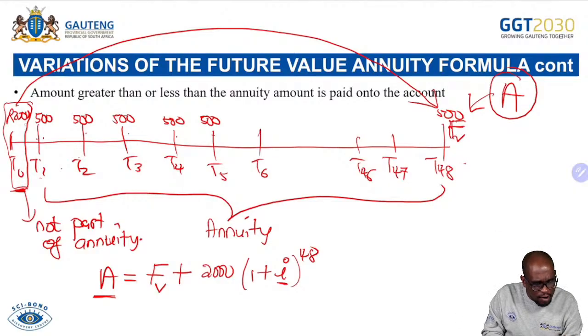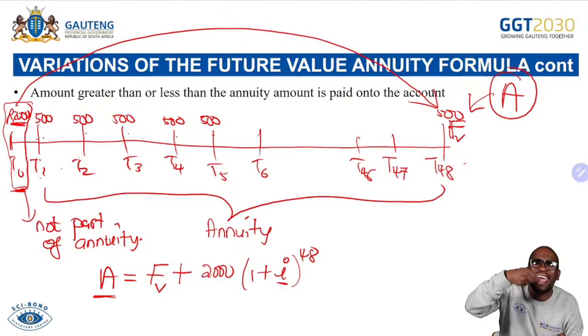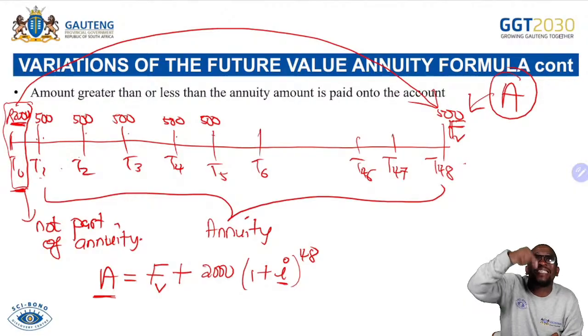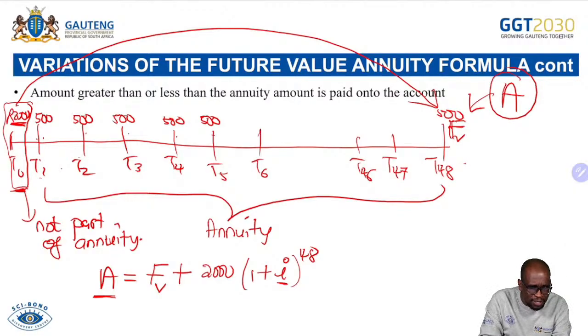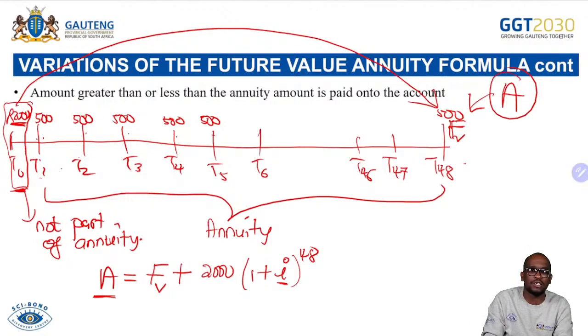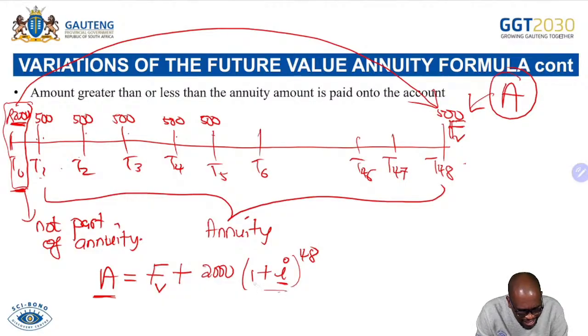However, there's an amount there that is not part of the annuity, but it is in the account. So that money should also be grown using what? Compound interest. We are on compound interest here, so this money will gain interest.